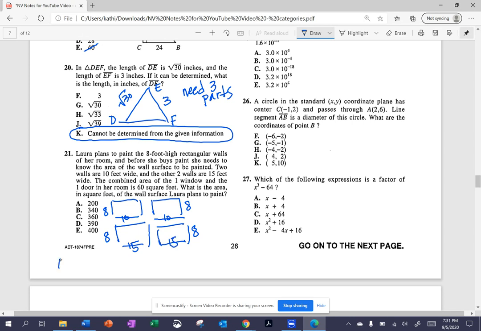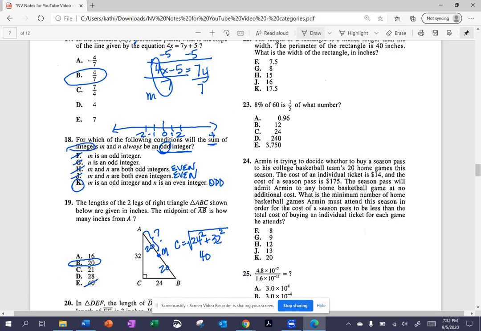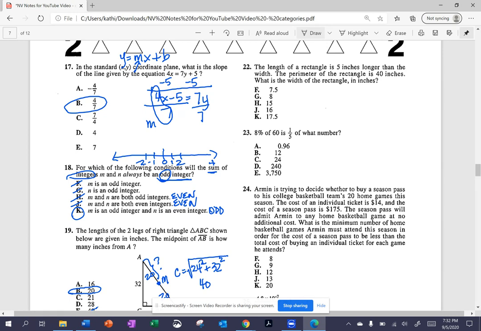So the area she needs to plan for is 2 times 8 times 10 plus 2 times 8 times 15, and then she needs to subtract out the window and the door. So this is 340 square feet. All right, let's try 22.